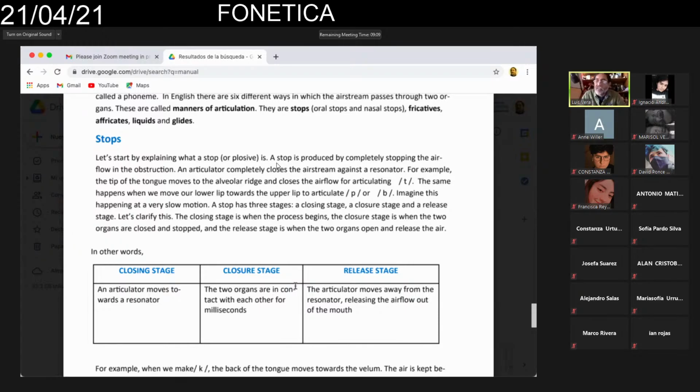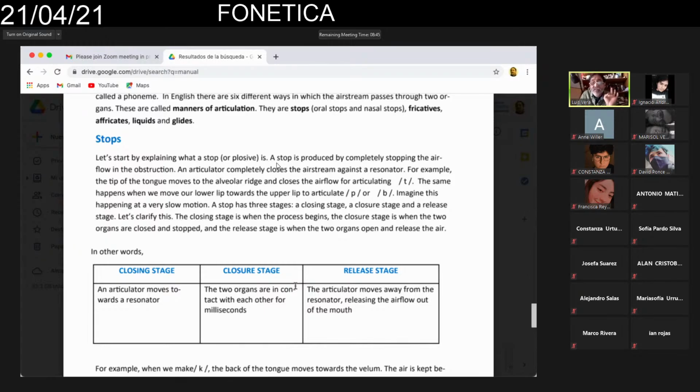You have to imagine this in very, very slow motion. Closing stage, an articulator moves towards a resonator. For example, the tip of my tongue approaches the alveolar ridge, moves towards a resonator, and then the two organs are in contact with each other for milliseconds.